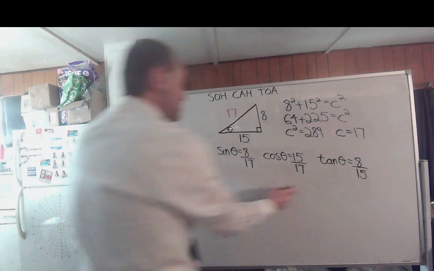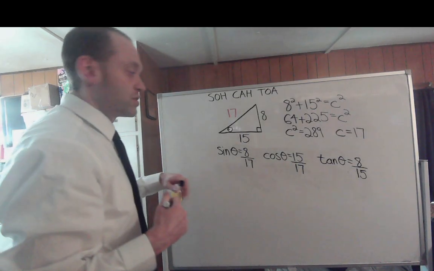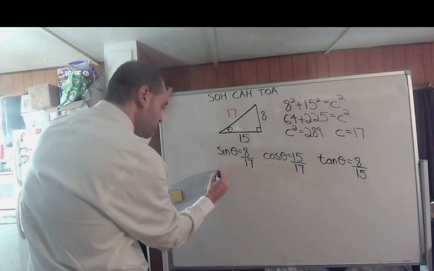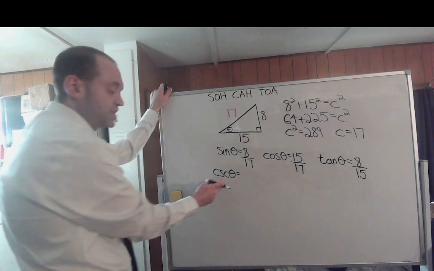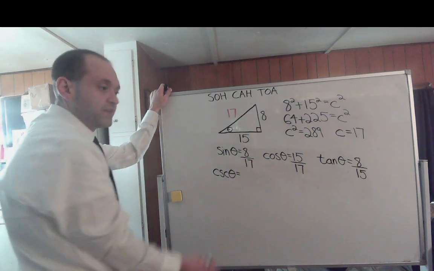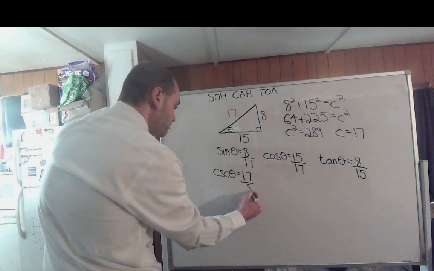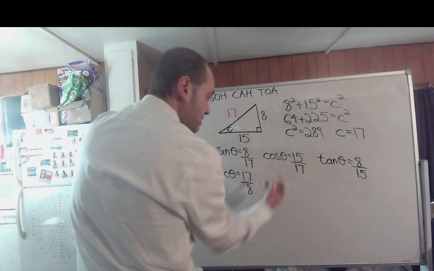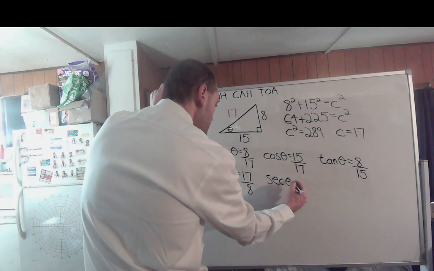Now that we found the 3 foundational functions, we can find the 3 reciprocal functions. So the reciprocal of sine is your cosecant function. So the cosecant of theta is the reciprocal of 8/17, which would be 17/8. Now the reciprocal of the cosine function is your secant function.